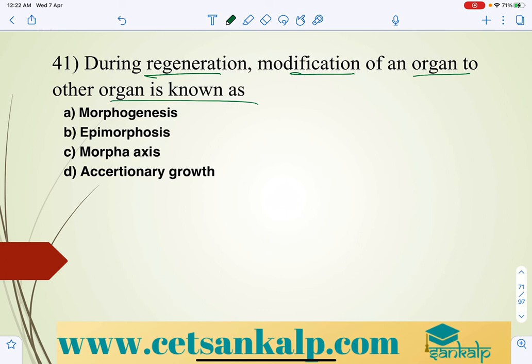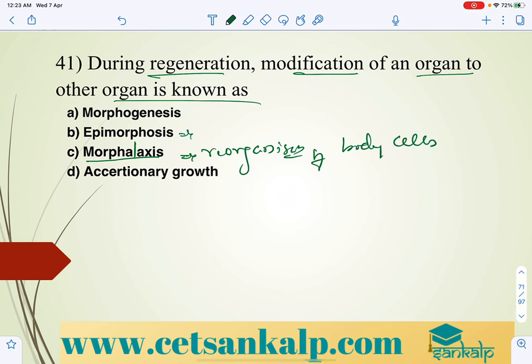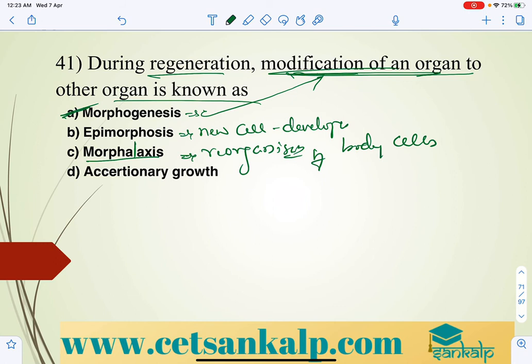Generally, body cells reorganize, and that is called morphallaxis. Morphallaxis is the reorganization of body cells, and epimorphosis is new cell proliferation, where new cells develop. Morphogenesis is the modification of one organ to another organ. So the answer for 41 is A.